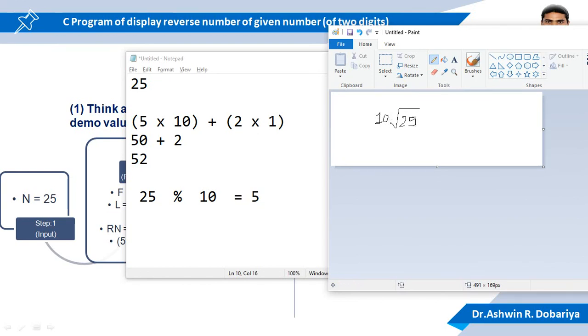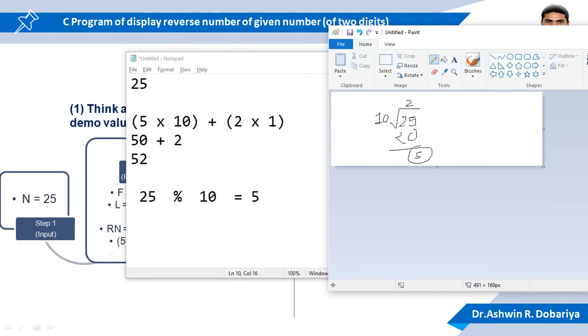Modulus means ultimately we have to divide that number. Now 10 multiplied by 2 is 20, so the remainder is 5. Remember one thing: the modulus operator always returns the remainder, and whenever you perform a modulus operation with 10, it always gives the last digit.